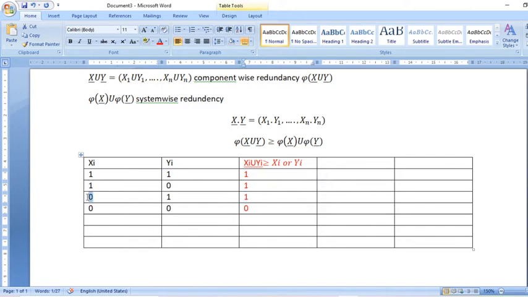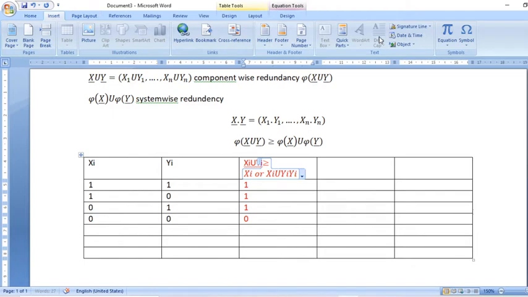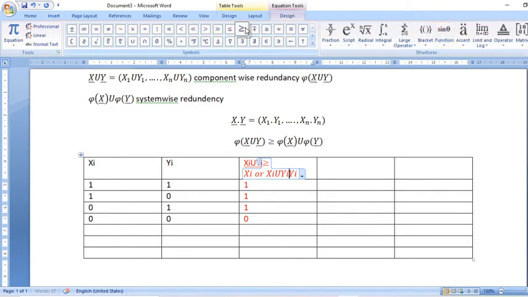That is greater than or equal to 0. So we can say that xi union yi is greater than or equal to xi. Similarly, xi union yi is greater than or equal to yi.